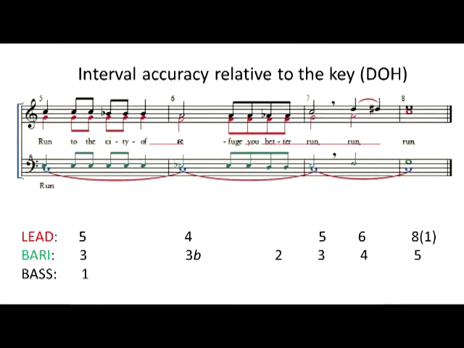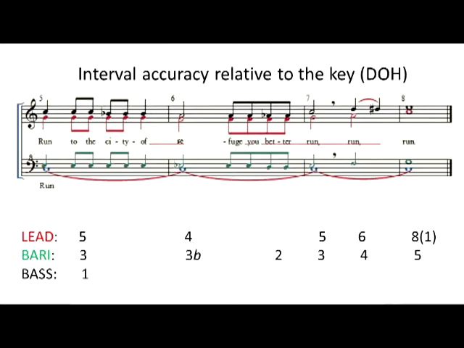Run to the city of refuge, you better run. Good. So you've got to note that change on better because you and the tenors are going to make a different chord there. All right, one more time. Let's put those 3 parts together. Run to the city of refuge, you better run, run. Good job.